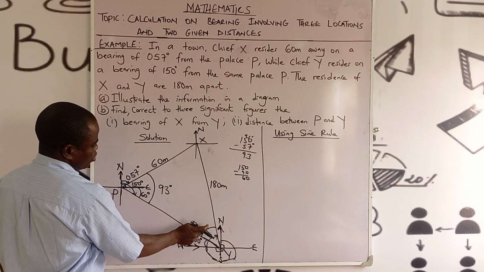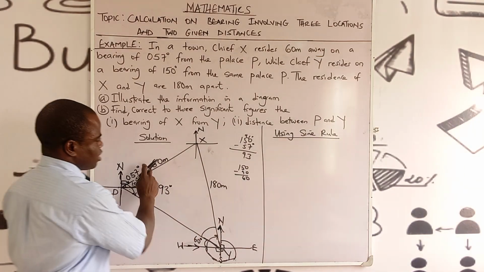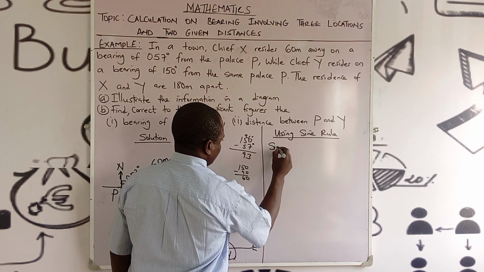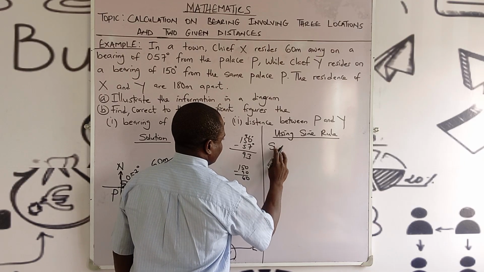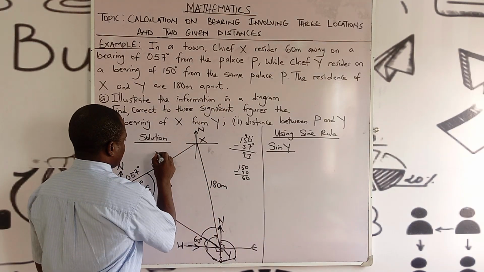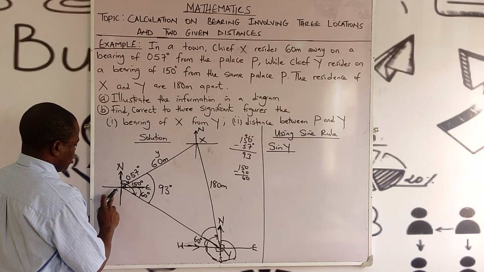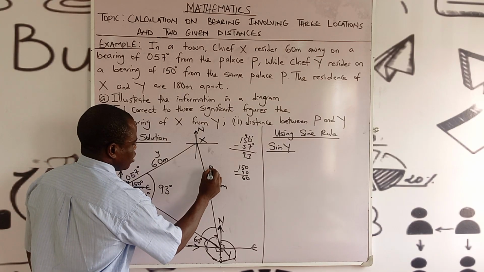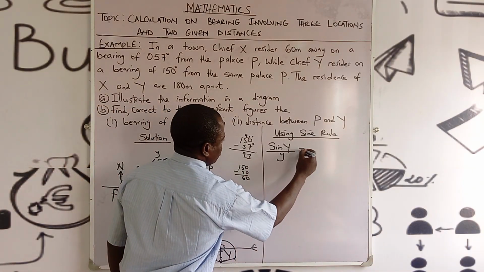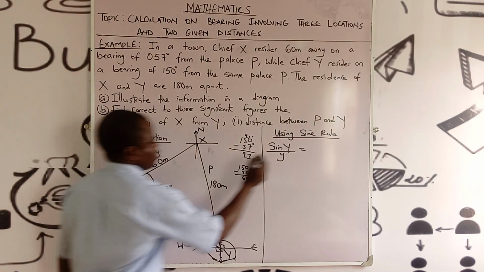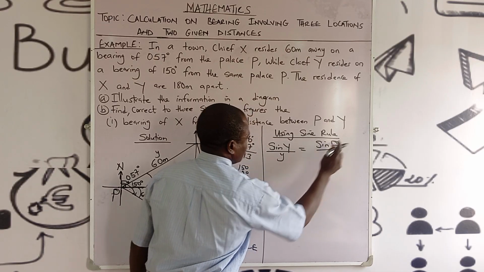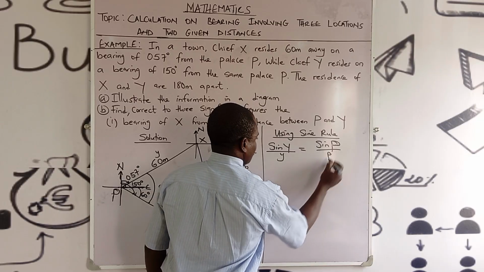We don't know the other angle we are looking for, but we have a side opposite to it. The sine rule is sine Y over small y, equals sine P over small p.